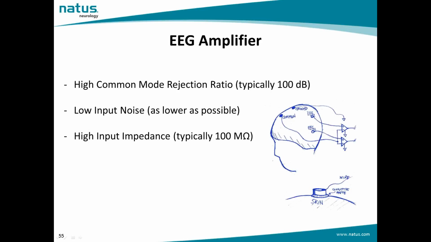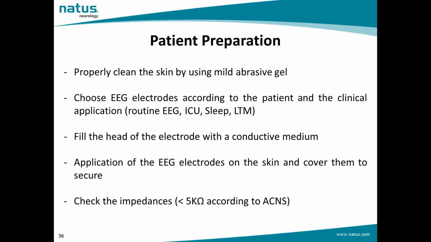Concerning the EEG amplifier, we mainly should consider three important parameters: the common mode rejection ratio, the input noise, and the input impedance. The common mode rejection ratio allows rejecting in-phase and amplifying out-of-phase potential.